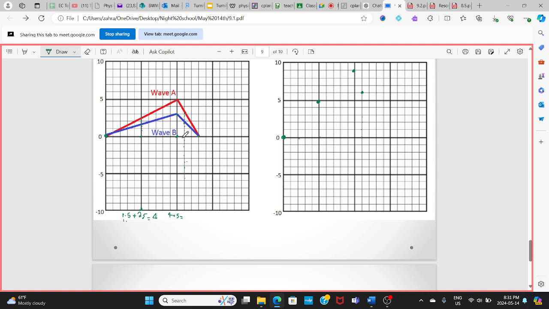And at that second, again, 0 plus 0, they have the same height, right? 0 plus 0 is 0. I just need to connect the points. It's going to be a straight line.